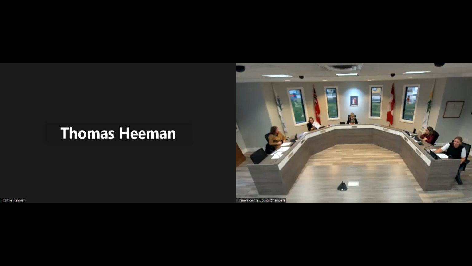Since the proposal adheres to the specifications of the RFP, and this is a company that Thames Centre is familiar with, staff are recommending that council approve awarding the engineering and project management of this capital project to the lone bidder, MTE Consultants.